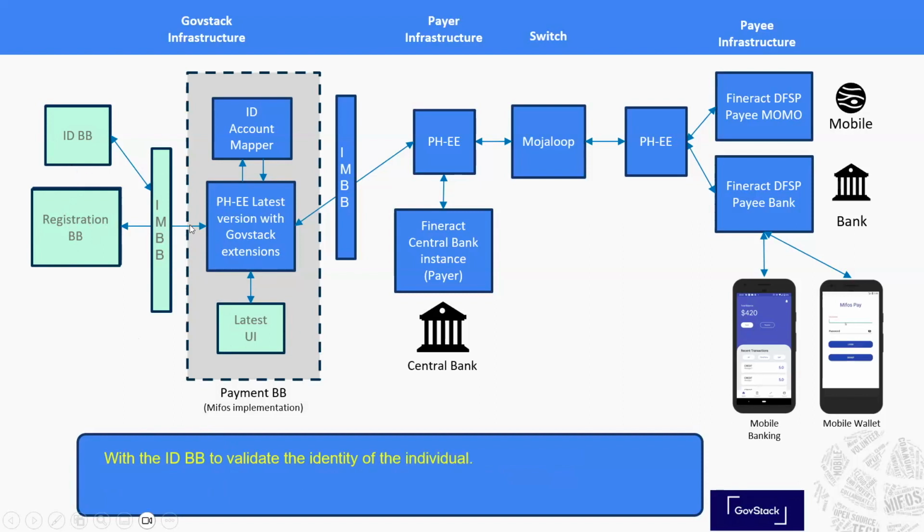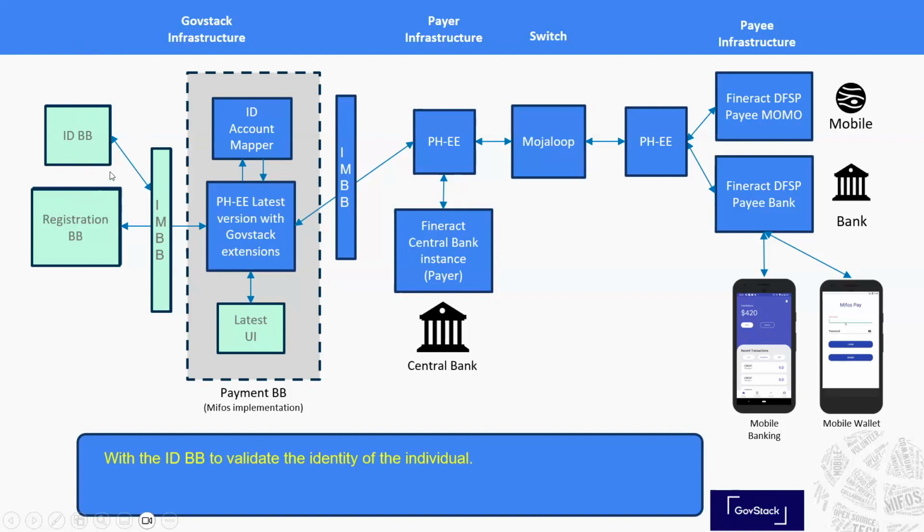However, before it goes to the payment building block, what we did not talk about in our previous demonstrations, because we wanted to keep it targeted towards the payment building block, is that there may be an identity building block as well. What it would do, when the registration building block is sending the information, is verify whether the person whose information is being sent is correct or not.